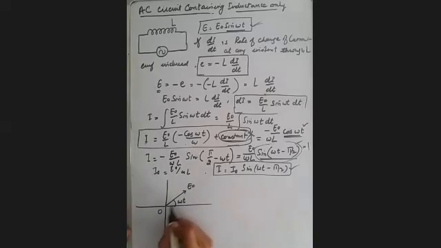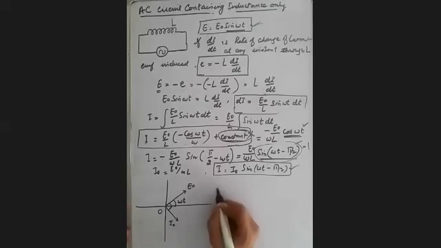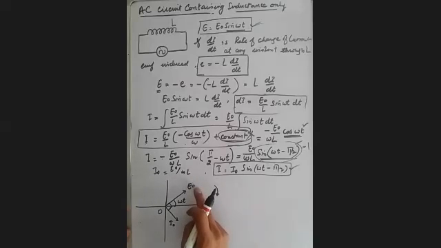So that means this vector is 90 degrees to the vector representing the EMF, but turned clockwise, because clockwise means this lags this. So the current lags the voltage, current lags the EMF. So this angle is 90 degrees and it is clockwise.